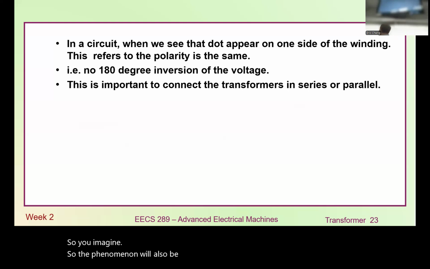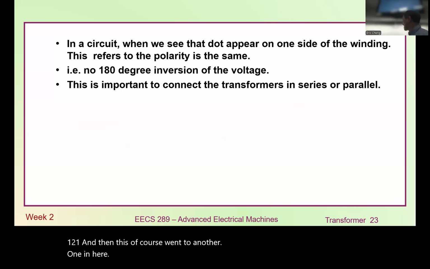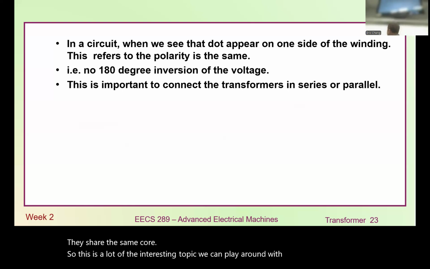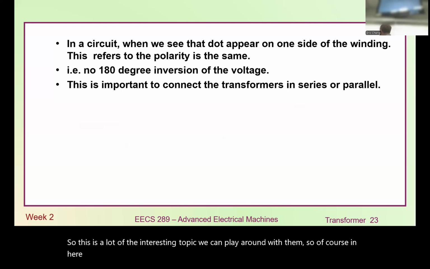So we've got 1-to-1, and then this, of course, 1 to another 1 in here. Then that's another phenomenon. They share the same core. So there are a lot of interesting topics we can play around with. Of course in here if we connect this in parallel, then the whole thing becomes 1-to-2, right?